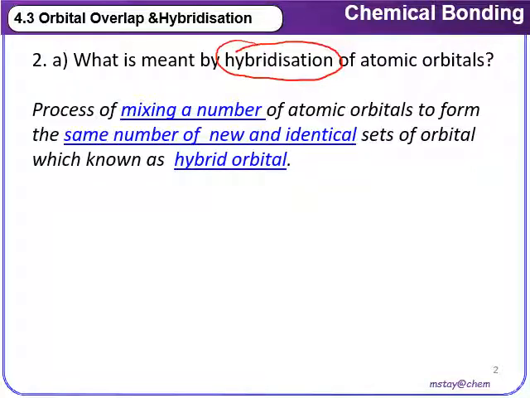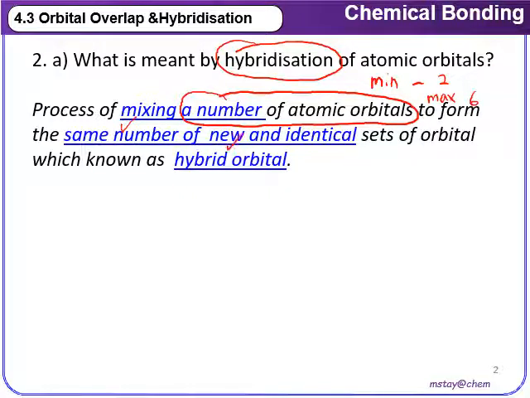So this is a process where we are going to mix a number of atomic orbitals, minimum 2 and maximum 6 orbitals, to form the same number of new and identical set of orbitals, which we will know as hybrid orbitals. So if you mix two orbitals, after that you are going to get back two orbitals, and these two orbitals now will be new, different from before mixing, and both of them are the same.